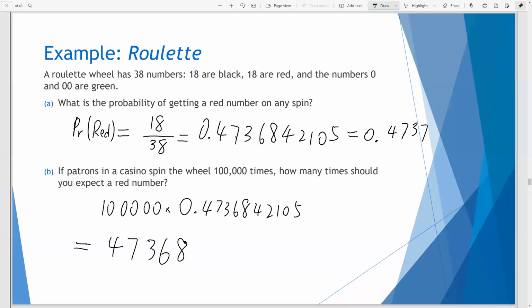Here, we just have one event. The expected number of reds will be the total number of events, 100,000, times the probability where it is red.